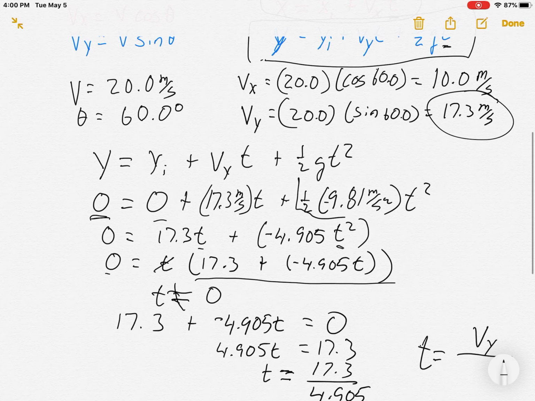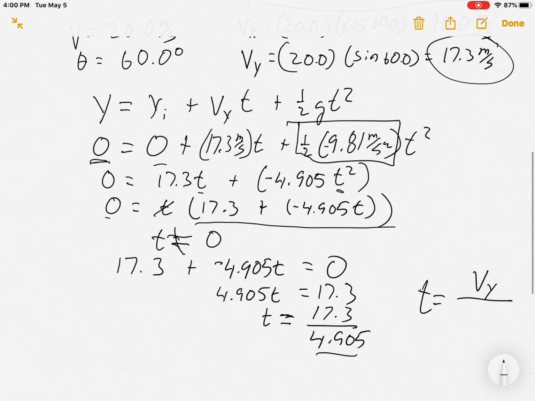Well, if I look up here, 4.905 came from 1/2 times g. So in other words, that's always going to be the same, right? As long as we're on Earth, gravity is always going to be 9.81 meters per second squared, or negative 9.81 meters per second squared. 1/2 of that is going to be 4.905. So that time factor is always going to come down to this.